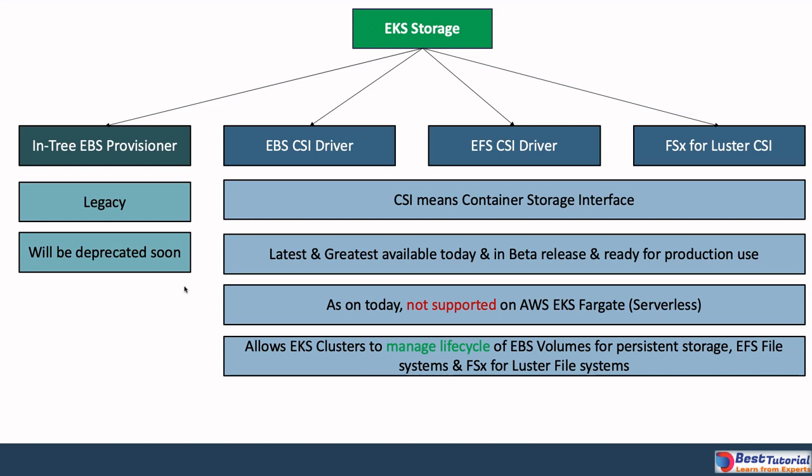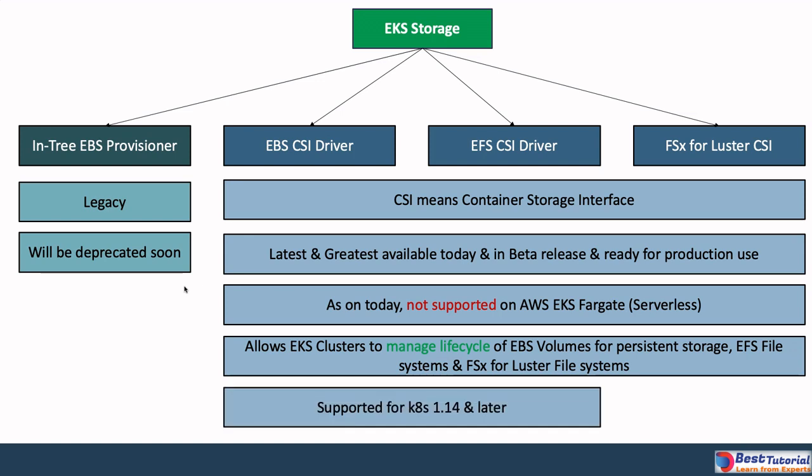So the entire lifecycle of these respective services, EBS, EFS or FSx, can be managed using these drivers from EKS. EBS and EFS are supported for Kubernetes 1.14 and later versions, and FSx for Lustre CSI is supported from 1.16 and later versions.